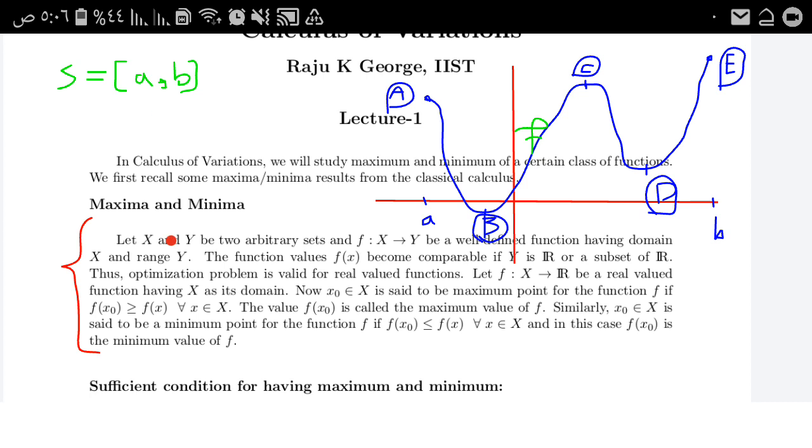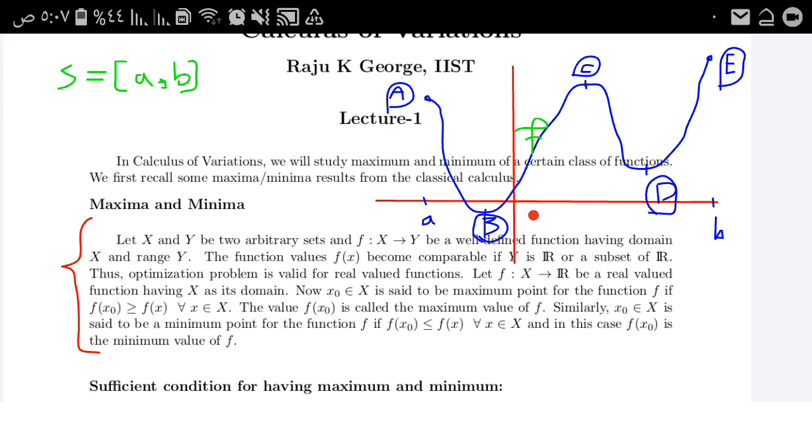So, according to the Weierstrass theorem, the function f has both absolute maximum and absolute minimum in this interval. Since the function f is continuous and the interval A to B is closed, the function f has both an absolute maximum and an absolute minimum.